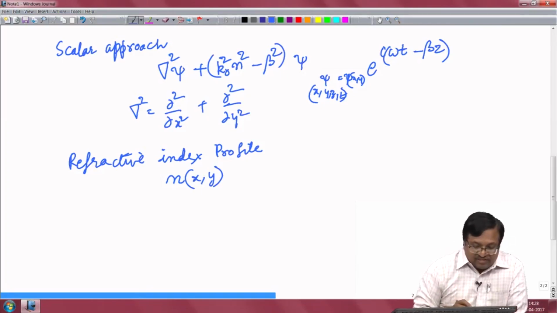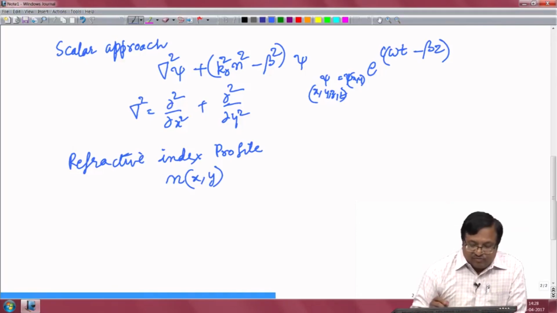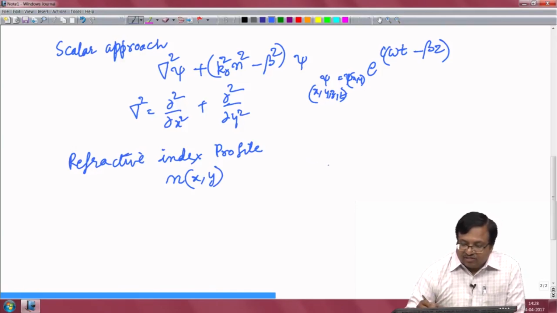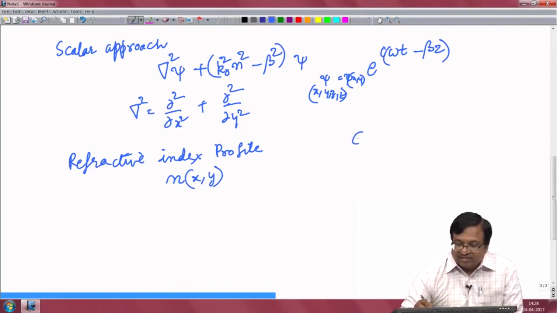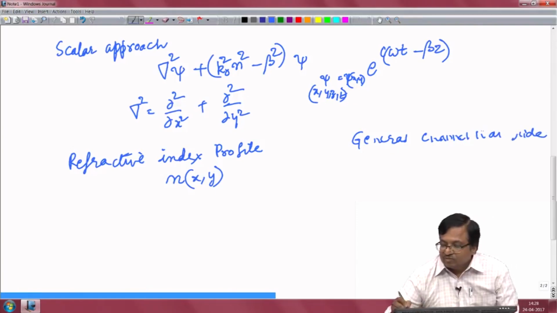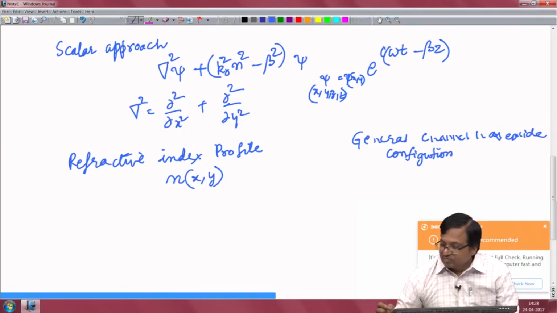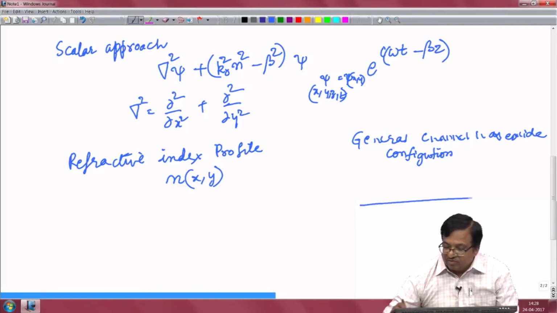So, let us look at a very generic channel waveguide which can represent almost all types of channel waveguide. Of course, we will assume the refractive index profile to be constant in each of these regions. So, let me draw a typical, a general channel waveguide configuration. It will look like this.